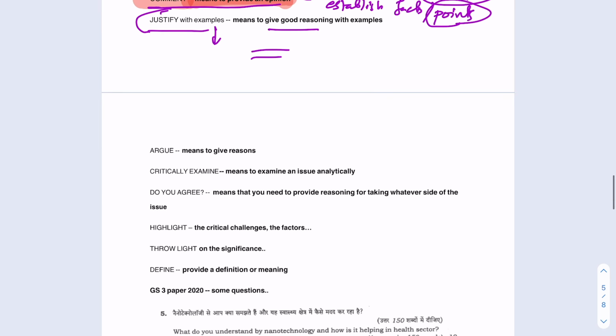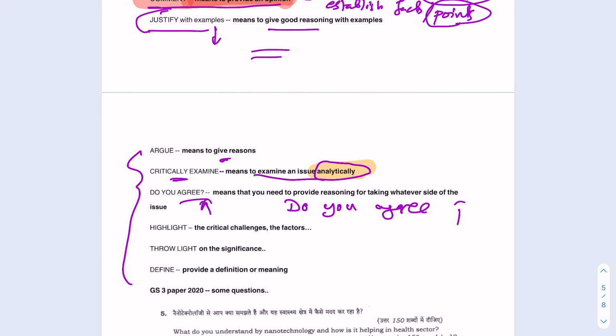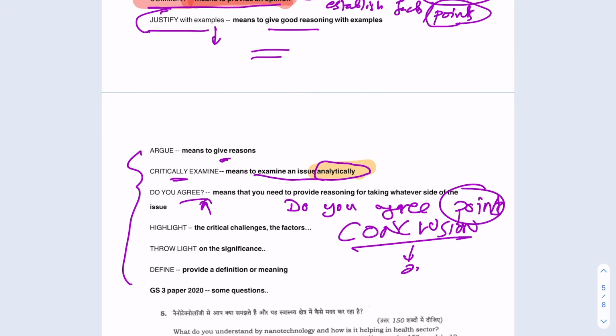Okay, so similarly there are other words: argue, critically examine. This is to examine the issue analytically from different points of view. Okay, do you agree? When the UPSC is asking you whether you agree or not, you should explicitly provide points, and in conclusion write what the outcome is, or how you view this whole situation on the basis of the points you have provided.